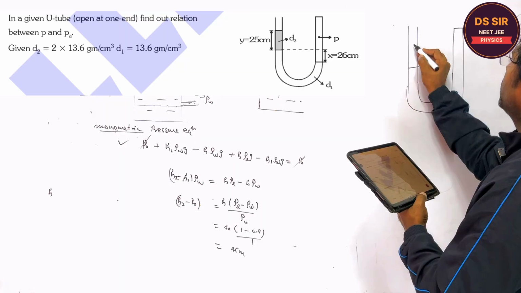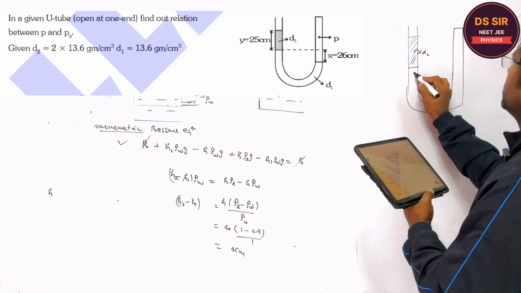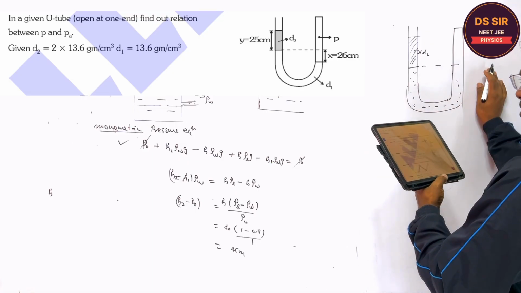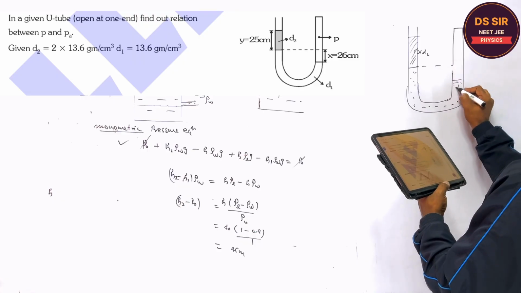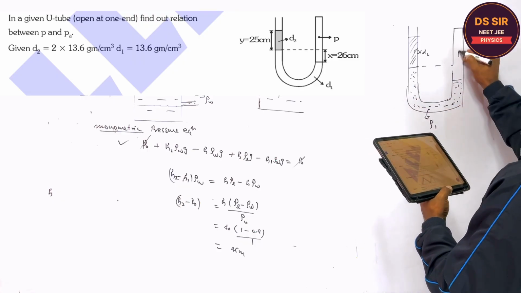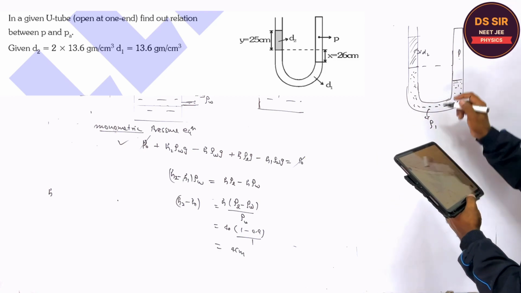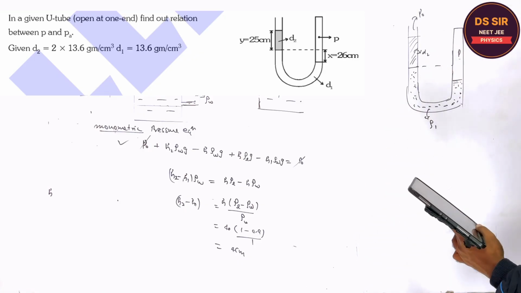Here the liquid is of density D2, and this is another liquid, right, and this is the liquid till this point, and the density of this is D1, and the pressure in this gas is P, and this is open to air, P naught. Is it fine?